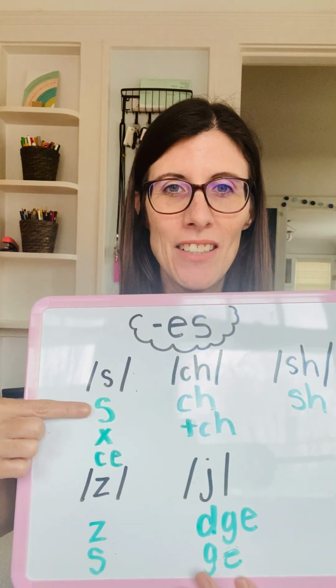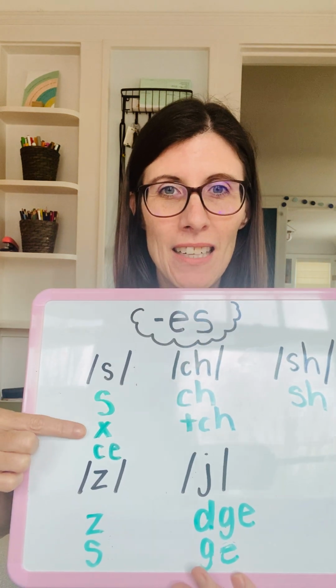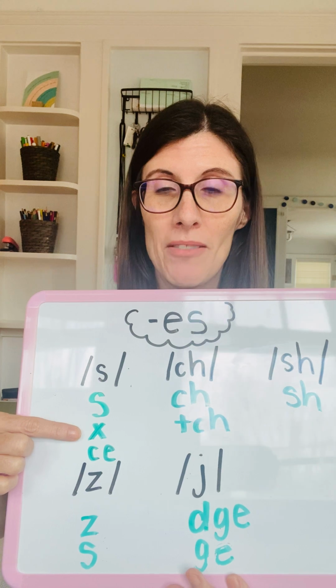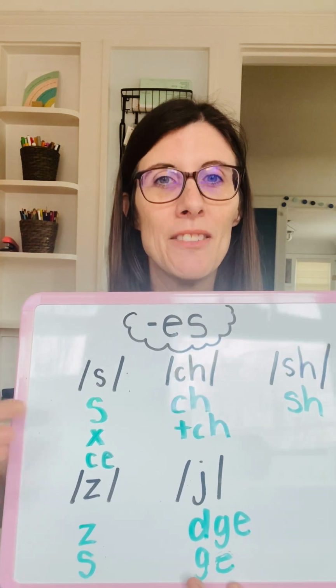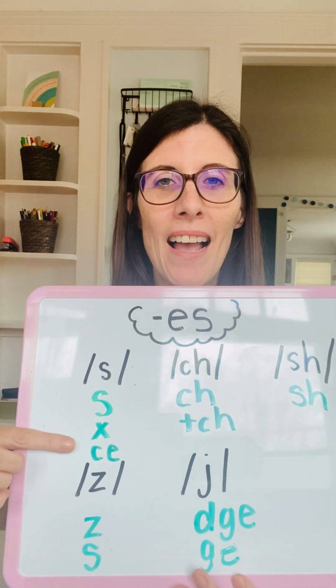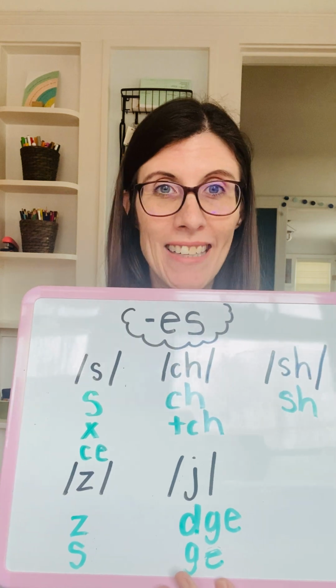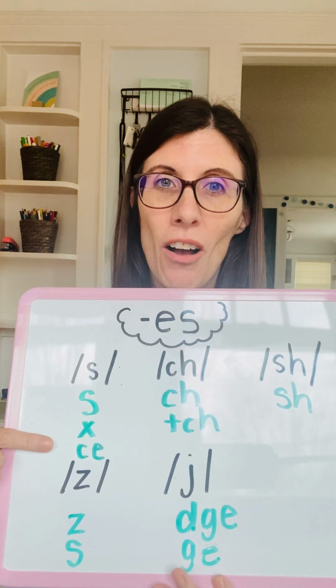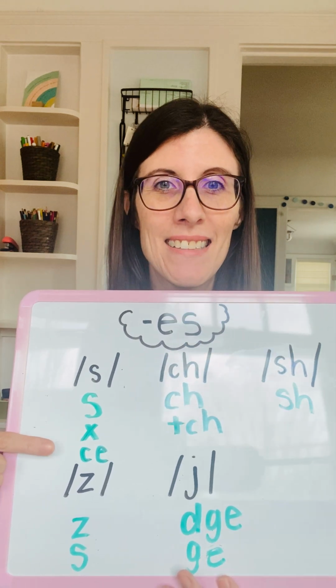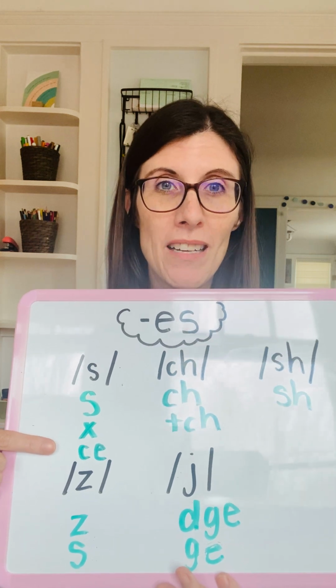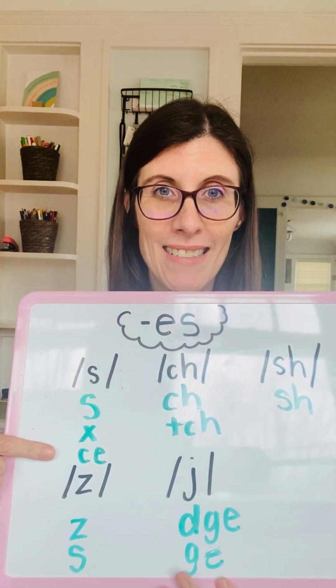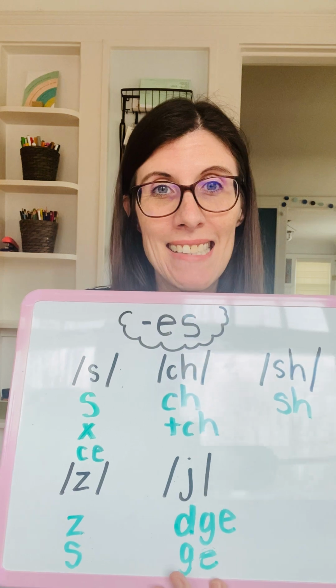And the letter s represents that sound. The letter x, if you think about the sound, x, ends with that sound. And then after, during our silent E unit, we learned that CE also represents that S sound. So you will also be using ES with words that end in CE, like dances.